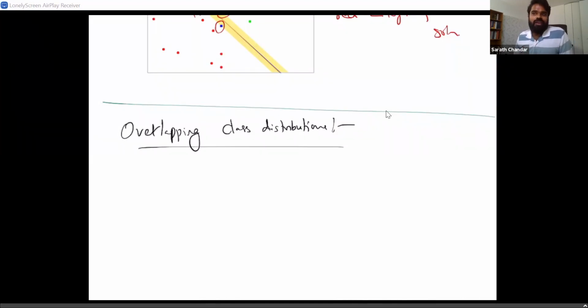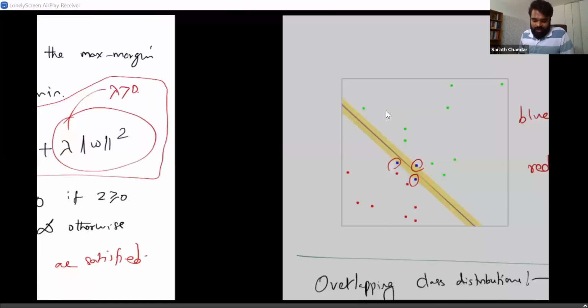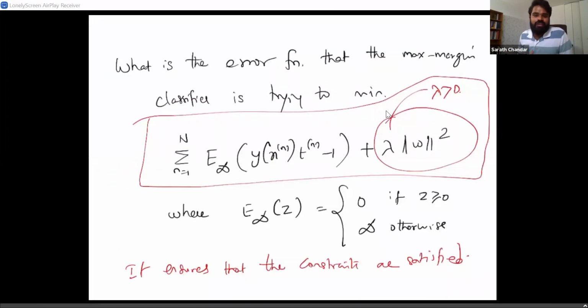On the other hand, in reality, most of our problems are not linearly separable. If your problem is not linearly separable, then you can see based on this error function that the error of max margin classifier is going to be infinite, if the constraint is not satisfied, and it will not give you any solution.